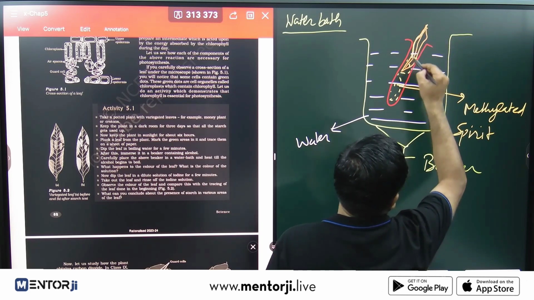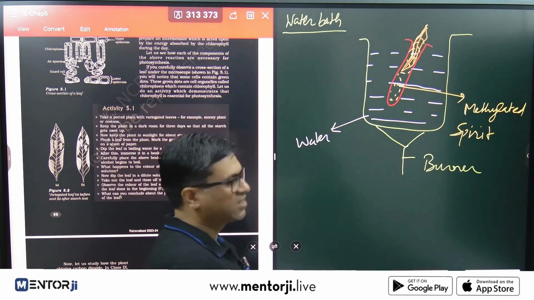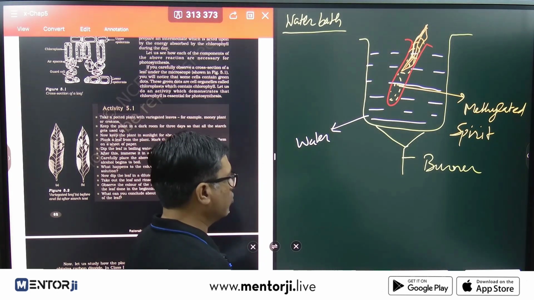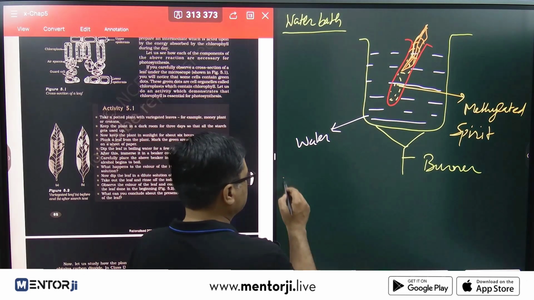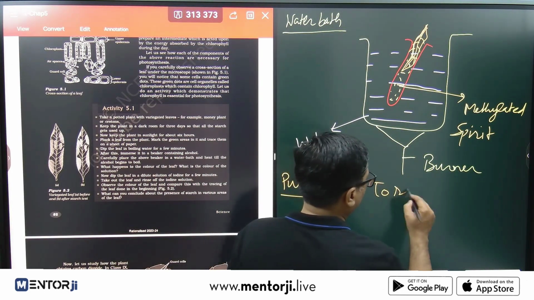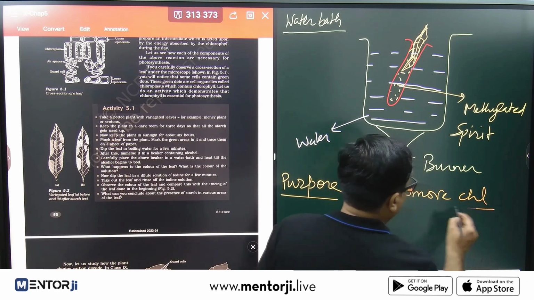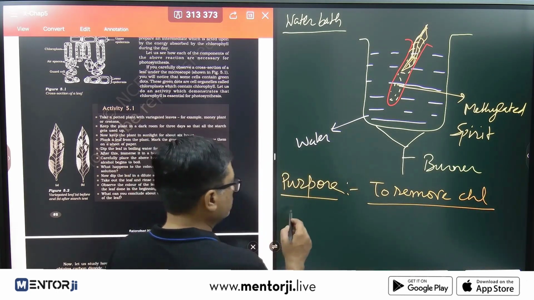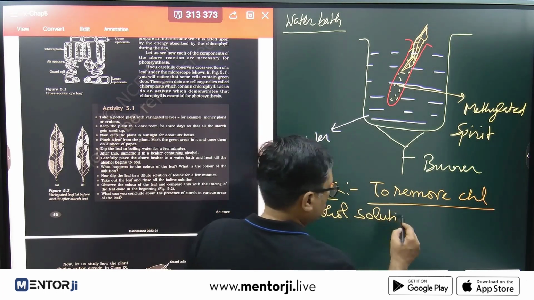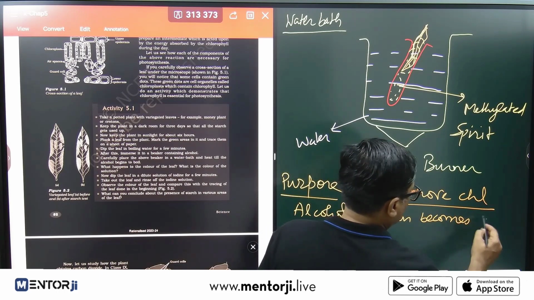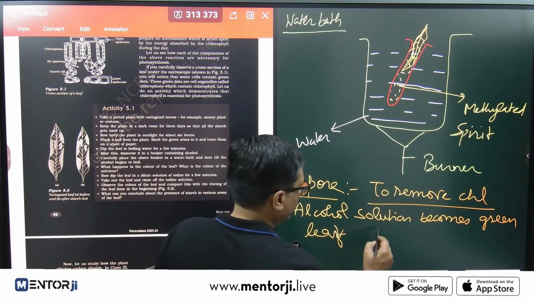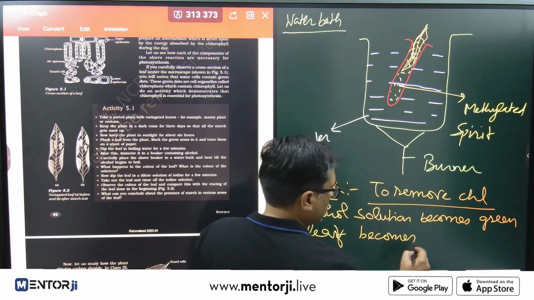So that is the plucked leaf, and we insert it in this boiling alcohol for a few seconds, take it out, and the purpose of this is to remove chlorophyll. Now the alcohol solution becomes green and the leaf becomes colorless.